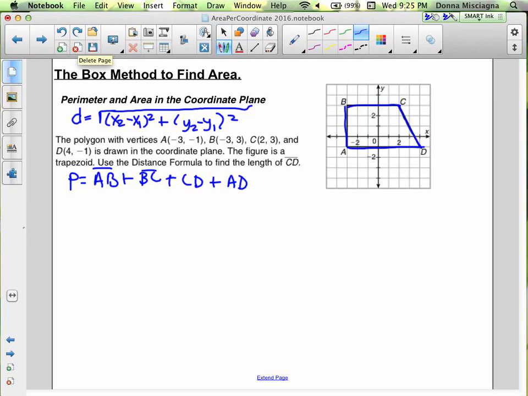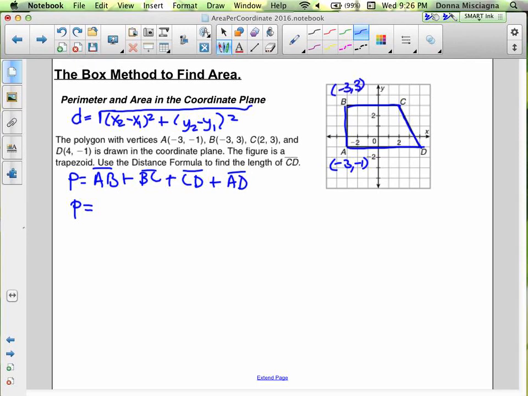We actually have to use the distance formula to find CD. For all the other ones, we could just take the difference in coordinates, or we can even just count. This is an easy count. So AB: A is at -3, -1 and B is at -3, 3.